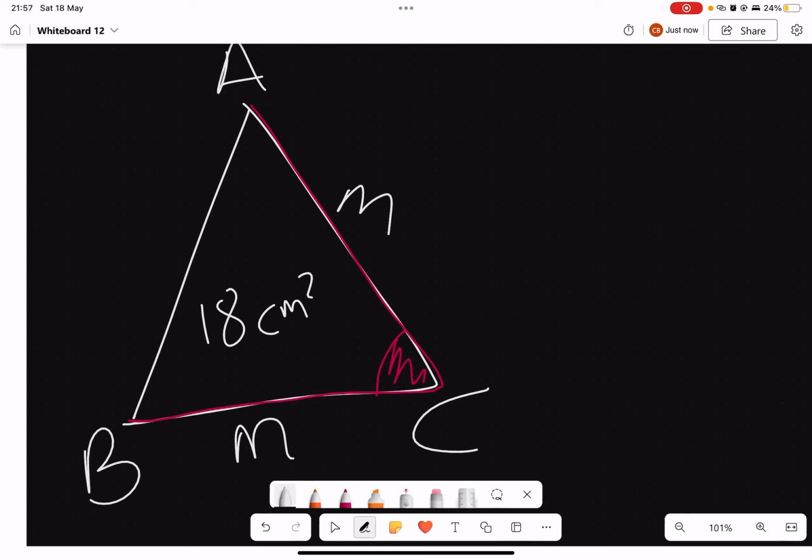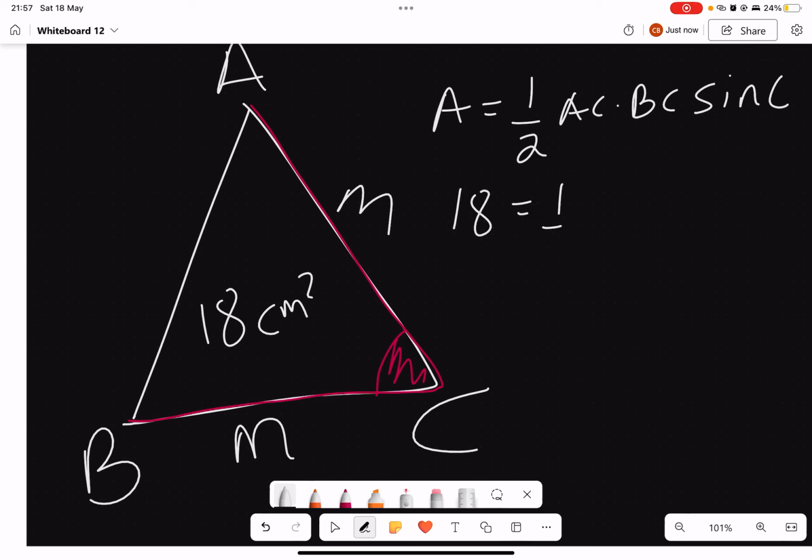So I'm going to say, okay, area of this triangle is given by this formula: half AC times BC times sine C. That is the formula for the area from the area rule in trigonometry. And then A equals 18 equals half. AC is M, BC is M, and then you have sine C. And then obviously we need to multiply, or you can simply say you are dividing.